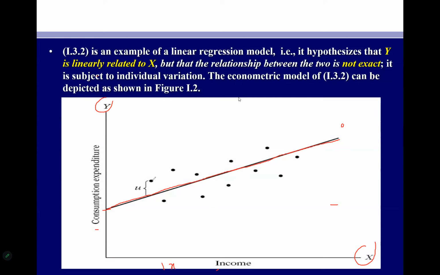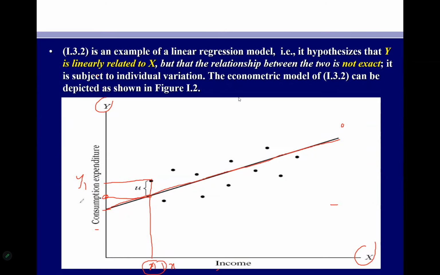Now, in the actual situation, if income is x1, the consumption is y1. But according to the regression model, if income is x1, the consumption expenditure is somewhere here.